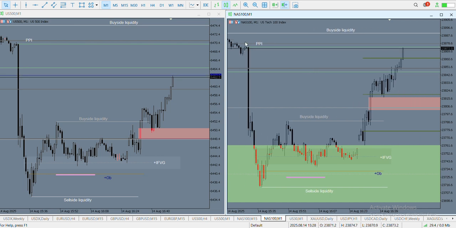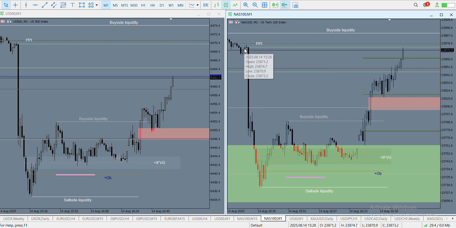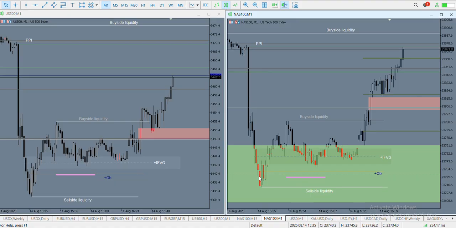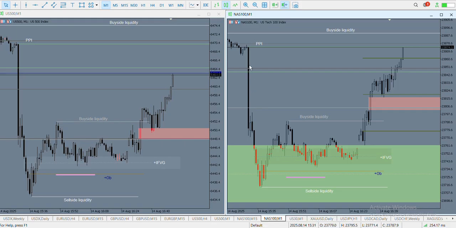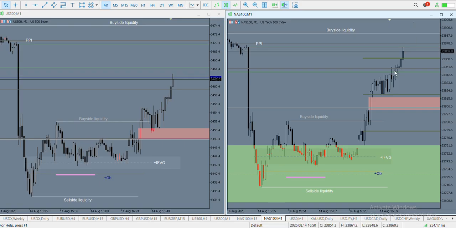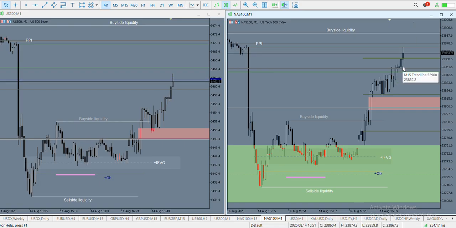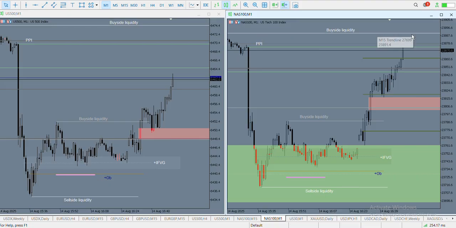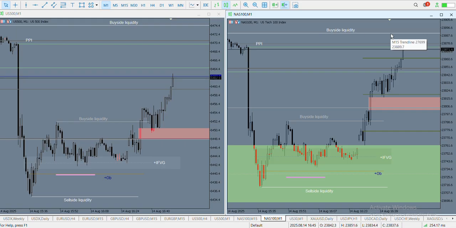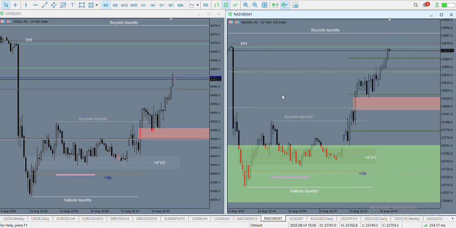Anybody who positioned themselves with this movement lower and has not taken profits, or whose positions are not off, is now regretting it. It's coming back on them, and they're thinking that it's not going to take them out, but it's going to retrace back and take them out above 23,889, 23,890s. That's where it's going to trade into.